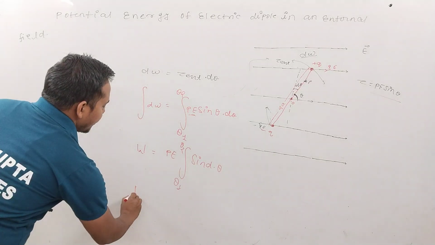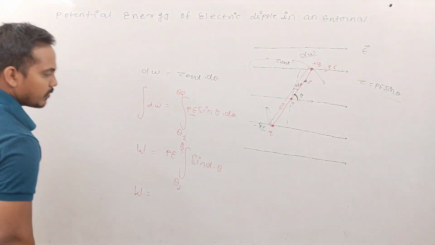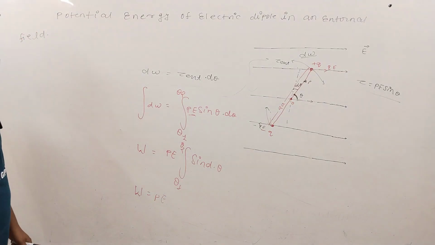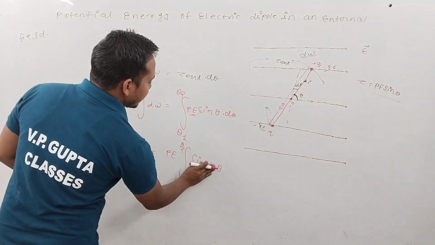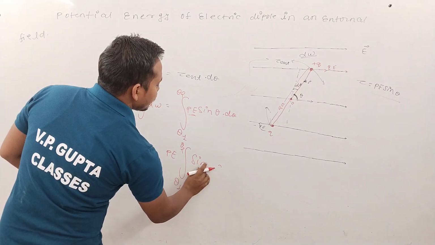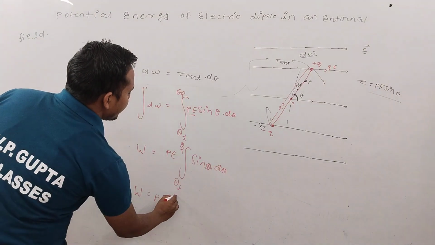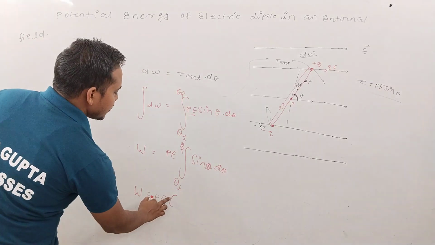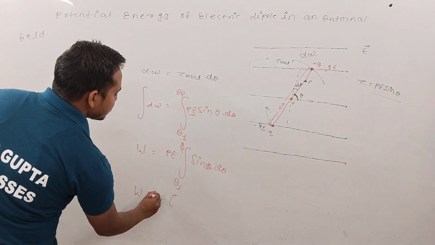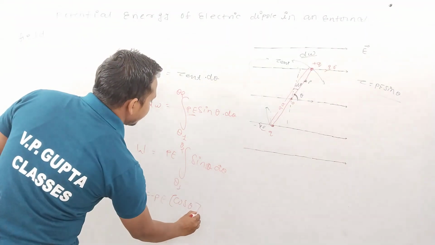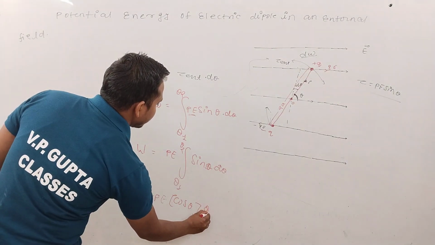Now W is equal to pE, and as we know, the integration of sin theta is equal to minus cos theta, so only cos theta exists, with limits from theta 1 to theta 2.